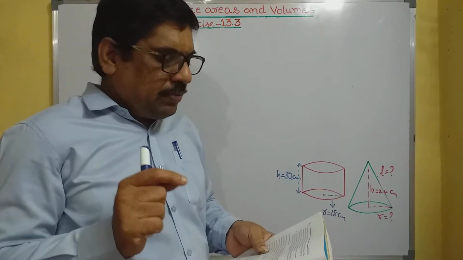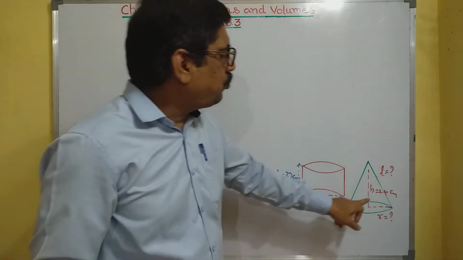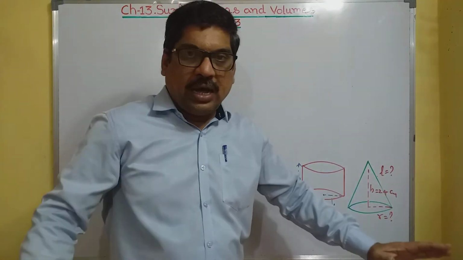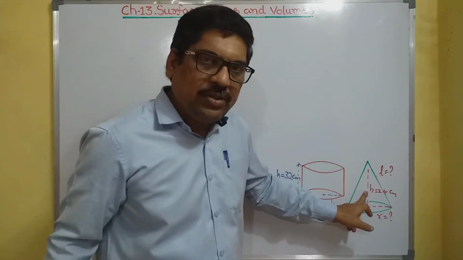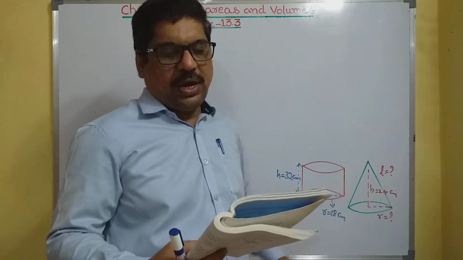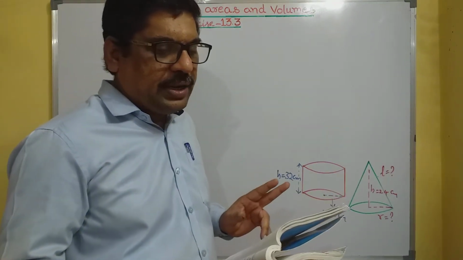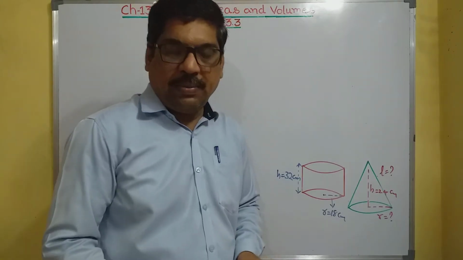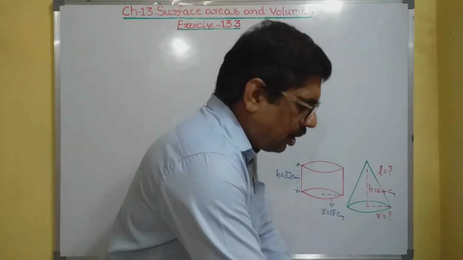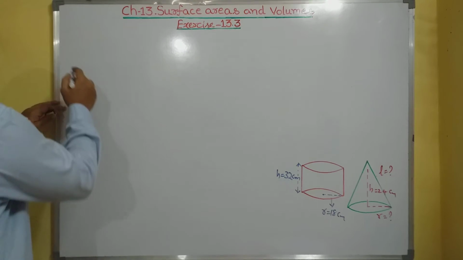Now if the height of the conical heap is 24 centimeters, the heap of the sand is in the shape of a cone whose height is 24 centimeters, then we have to find the radius and the slant height of the conical heap of the sand. Now you have to write the dimensions.